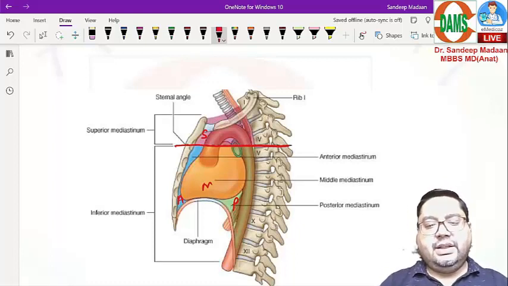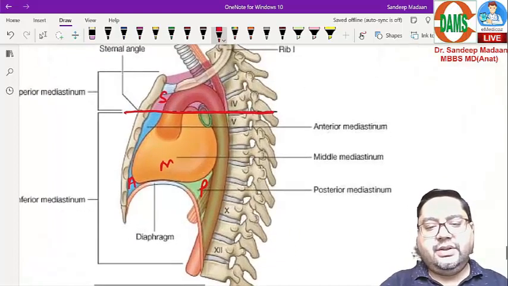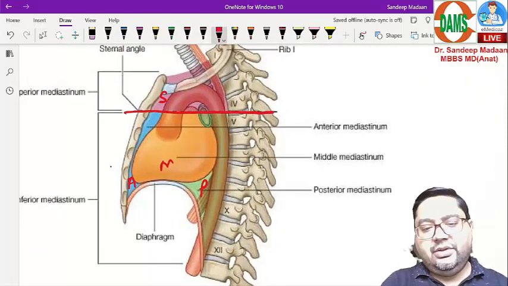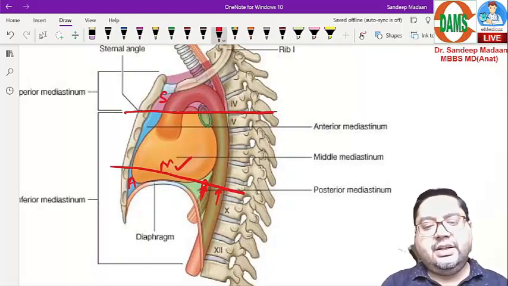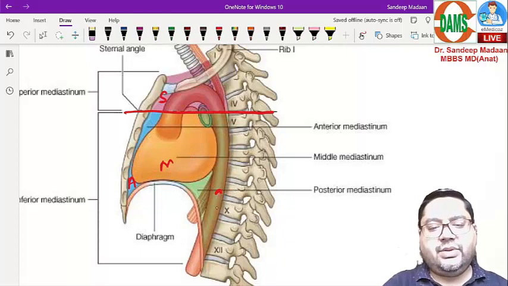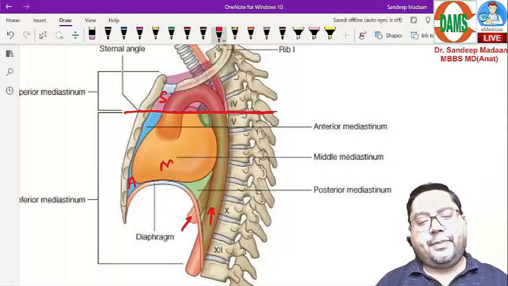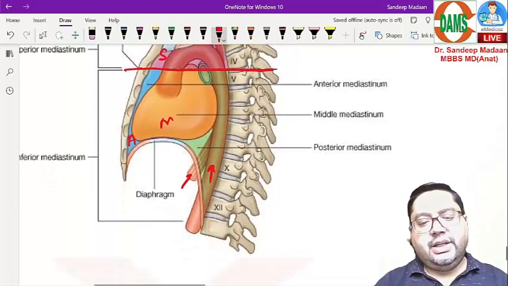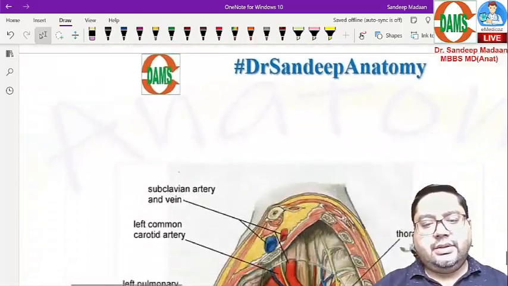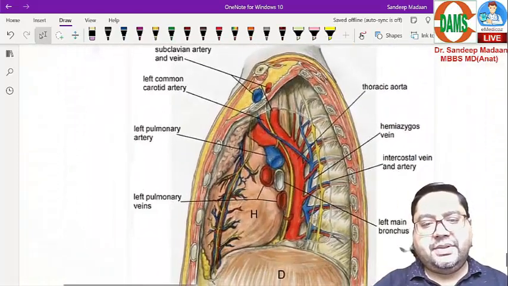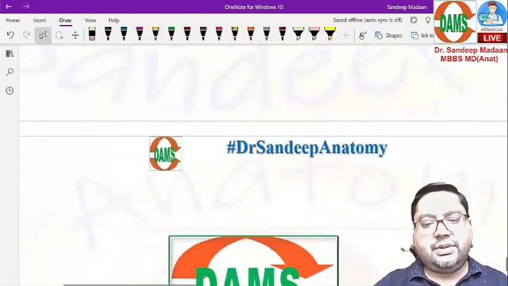If the section is taken at this level, you will see the heart, the esophagus, and further behind the descending thoracic aorta, which is what we were getting in the picture. So the answer to this question must be descending thoracic aorta.